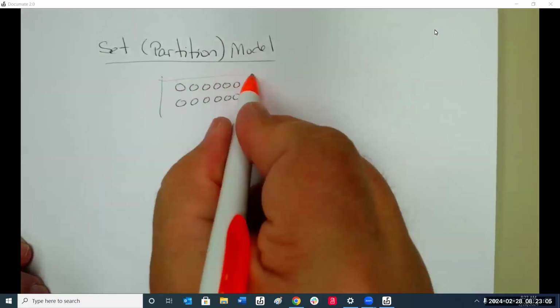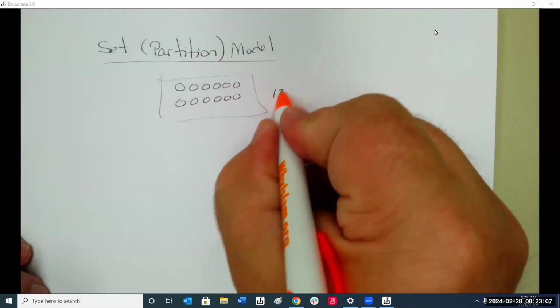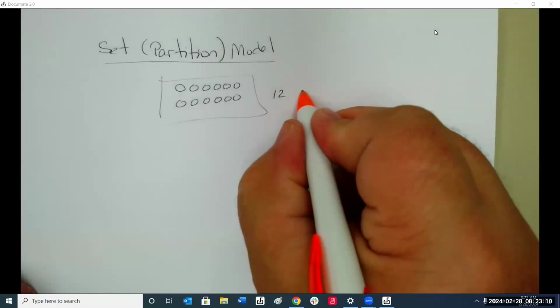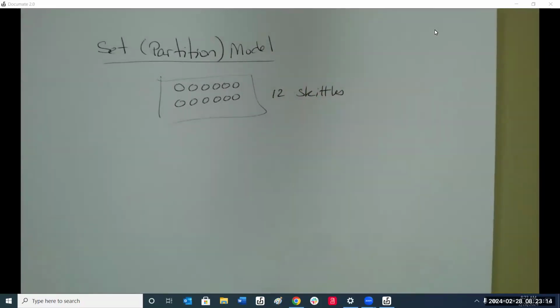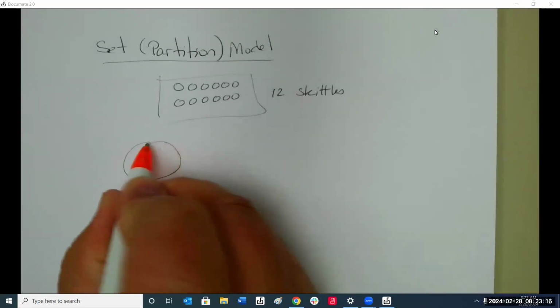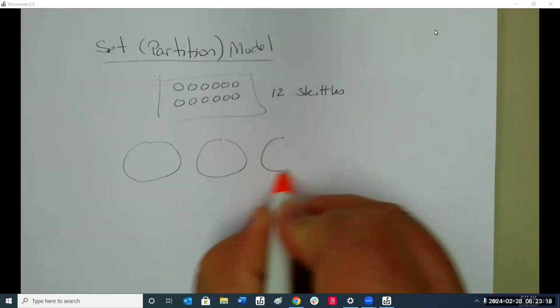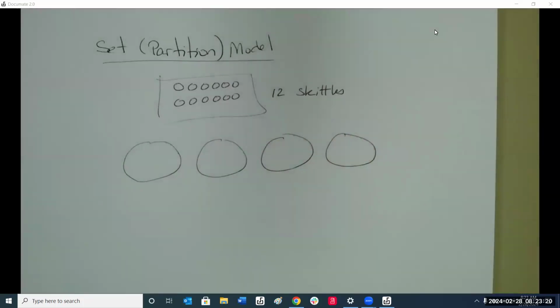So we started off with, let's say we had 12 Skittles. And we have 4 students. How many Skittles does each student get?